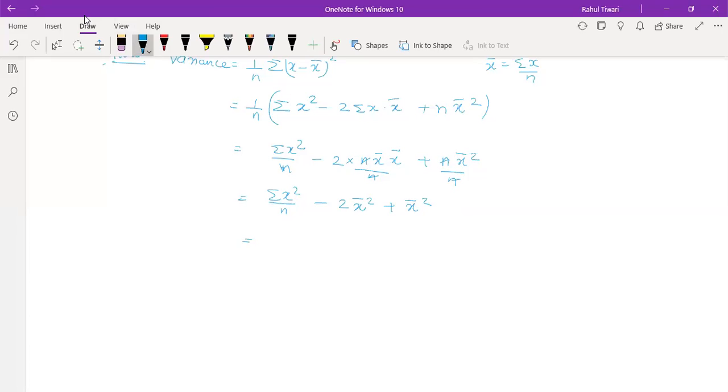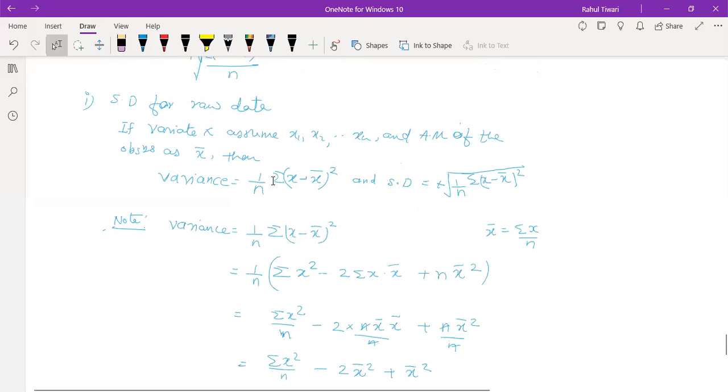If you further simplify, you can understand that one can use this formula for variance, or one can use that formula for variance.